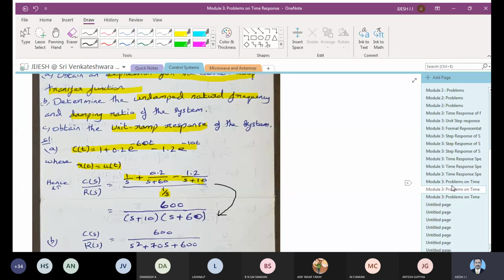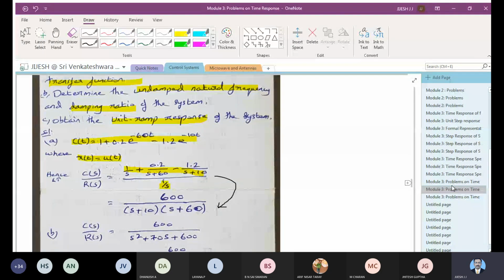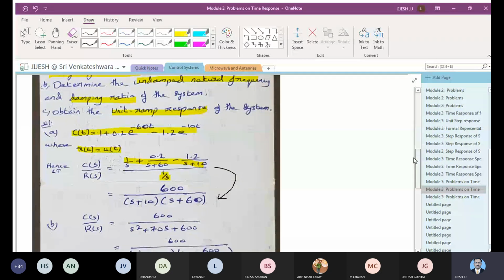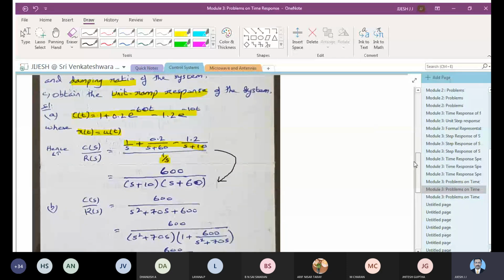So I am rewriting the equation, that is 600 divided by s square plus 70s plus 600. I am writing in this form, s square plus 70s to get the 1 plus 600 by s square plus 70s other side.